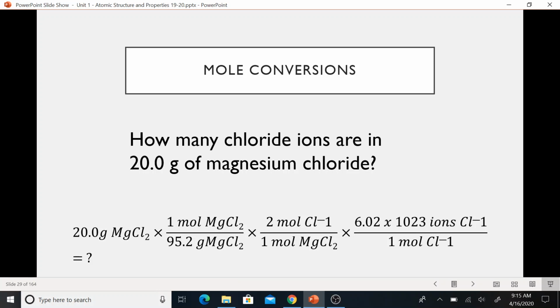It asks specifically for chloride ions, right? So that's an important piece of information. Within 1 mole of magnesium chloride, because of that subscript of 2 beside chlorine, that means that for every 1 mole of magnesium chloride, I have 2 moles of the chloride anion, right?